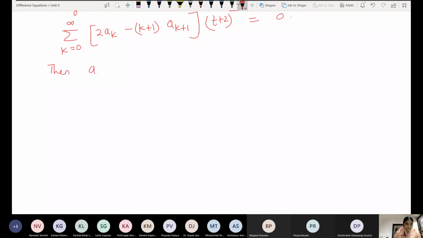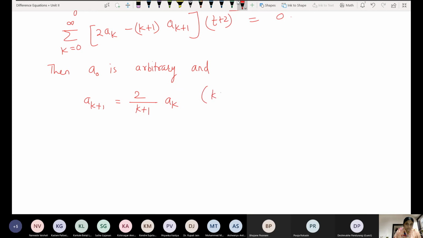Then a_0 is arbitrary, and we will get a_{k+1} is equal to 2 upon k plus 1 times a_k. This must be 0, right?